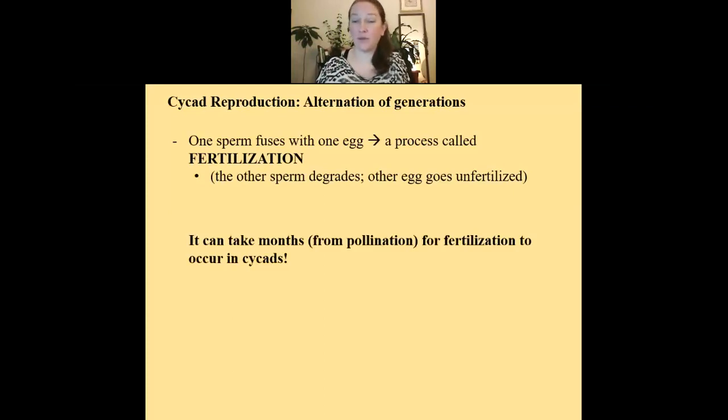And this is part of the reason why cycads are endangered, as we talked about at the beginning of this lecture, because it can take months between pollination and fertilization in the cycads. So what does that mean? It means that a pollen grain could land on an ovule and fertilization won't occur for months after that.